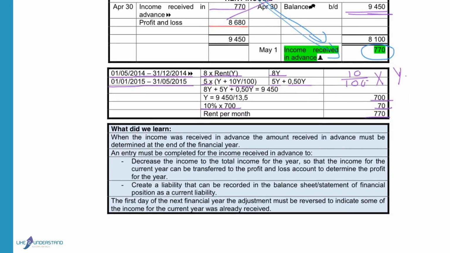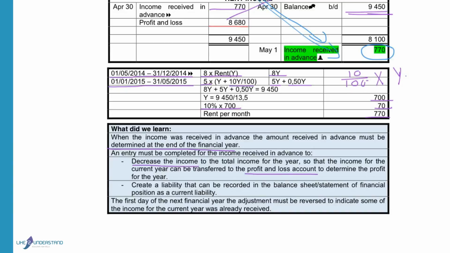That when income was received in advance, the amount received in advance must be determined at the end of the year. So you will have to go and calculate what is the amount received in advance. Then an entry must be completed to decrease the income so that only the income that is due for the current year must be shown in the profit and loss account.